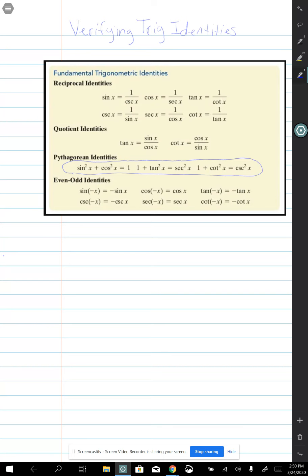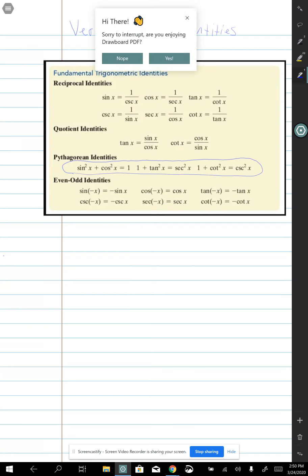Now, there is no you have to do it this way type situation, okay? There's no one form or method or technique that's going to be able to verify every single identity. You are going to have to think about these things, and you are going to have to apply all your knowledge from everything that we've done up to this point into these problems that we're going into.